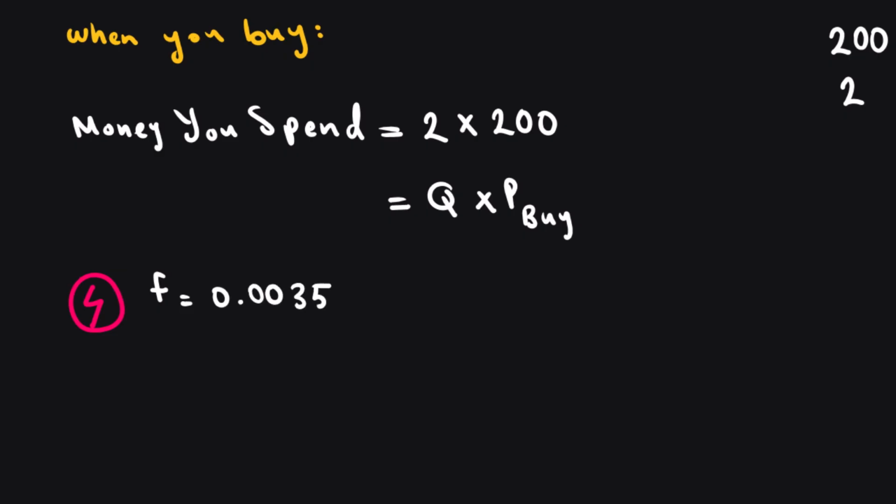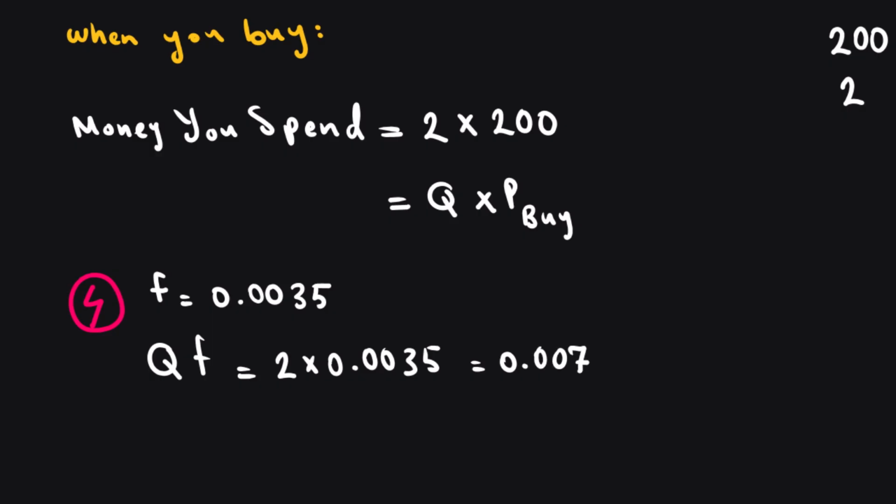So the broker is going to say, okay, you are buying a Q amount of this asset, but I want to take a fee, and the fee rate is F. So I'm going to take F times Q of this asset, which is 2 times 0.0035, which is 0.007.